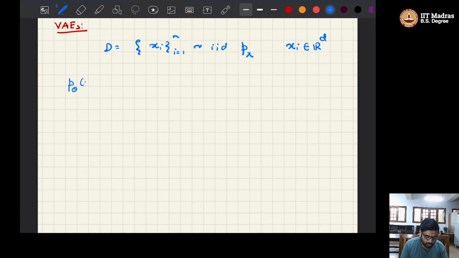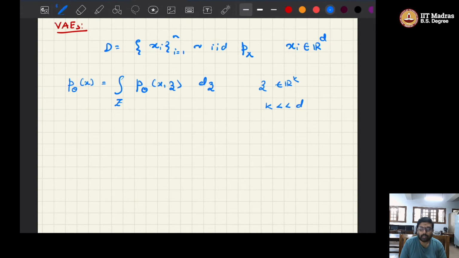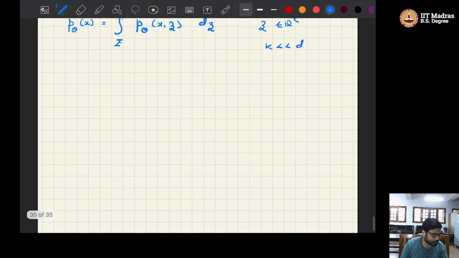p theta of x is equal to the integral over the latent space of the joint, which gives you p theta of x, in which z is from R^k, and typically during implementation we see to it that this k is quite less than d.